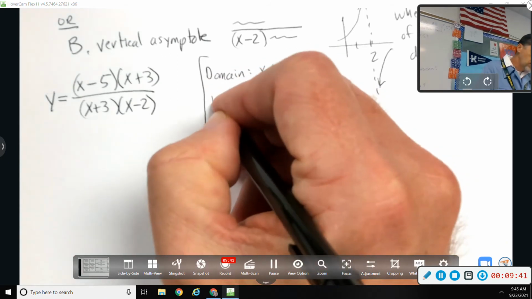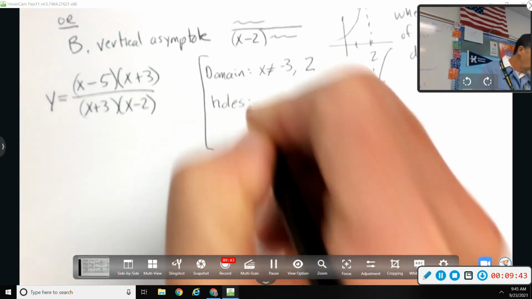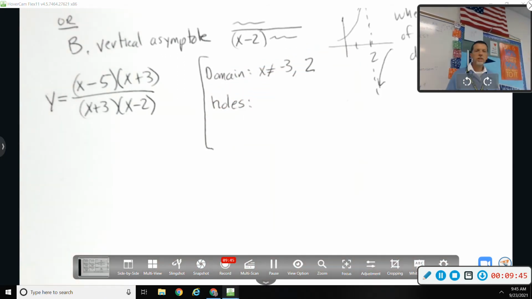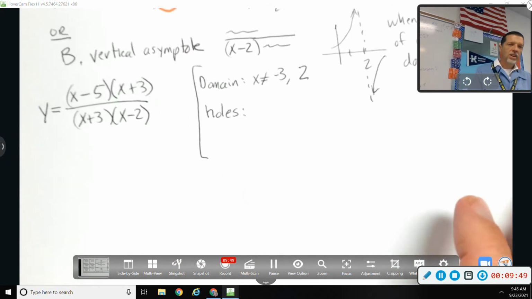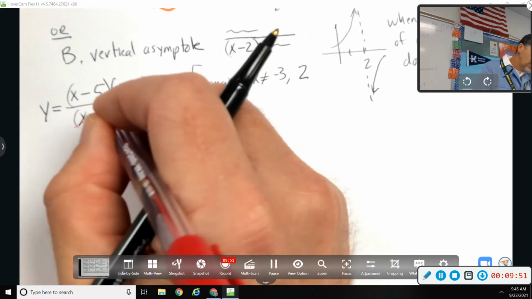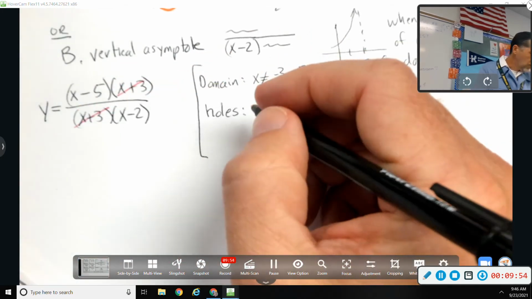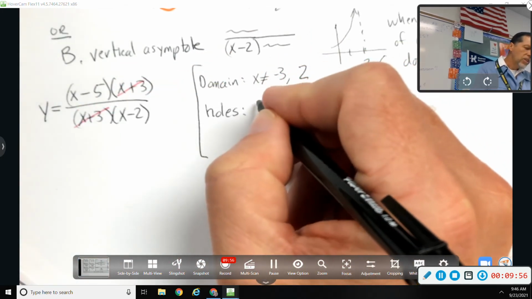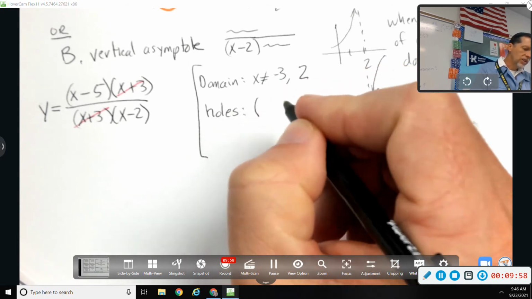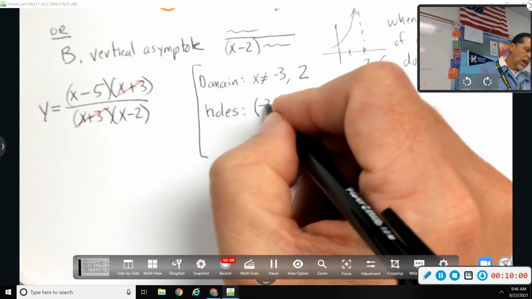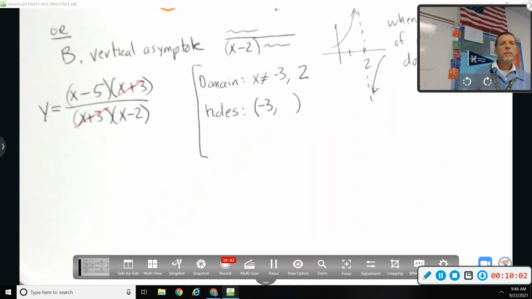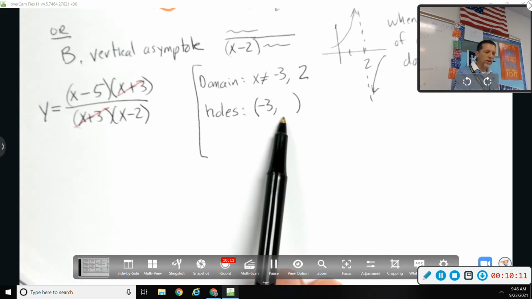So the next question will be, are there any holes? Well, do any factors cancel? Yes. So there's a hole at, what's the x coordinate of the hole? Negative 3. But a hole is sort of a non-point. It's not there, but it's on the graph. So I want the y-coordinate of the hole.